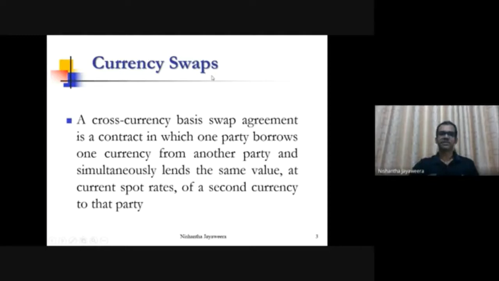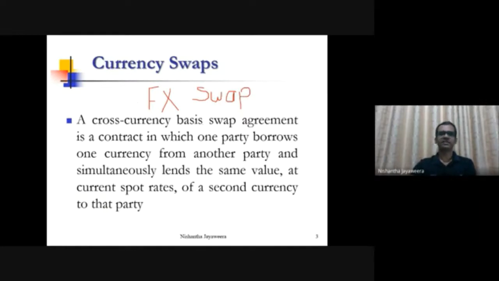Again, here there are two currencies involved in this currency swap. We can call it somewhat of an FX swap. The FX swap that we discussed is a specialization of this.